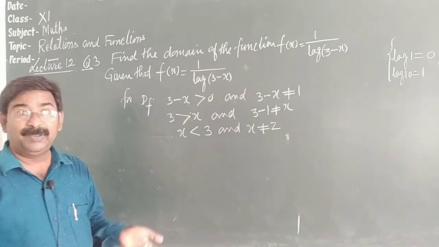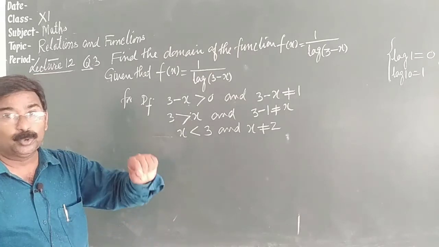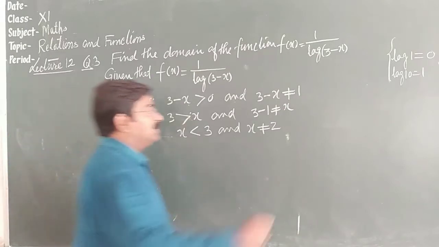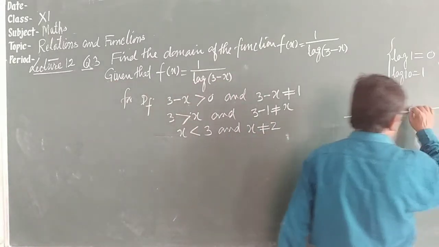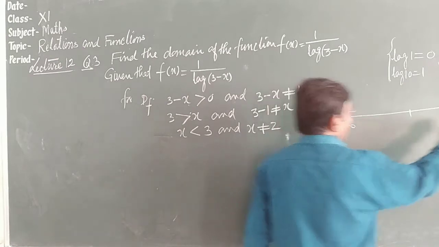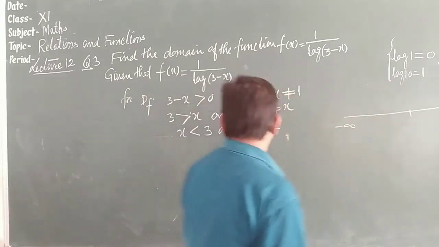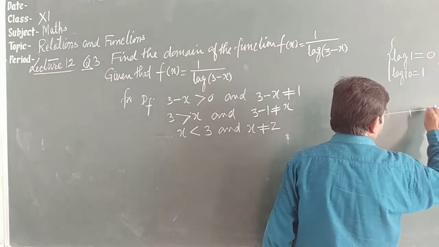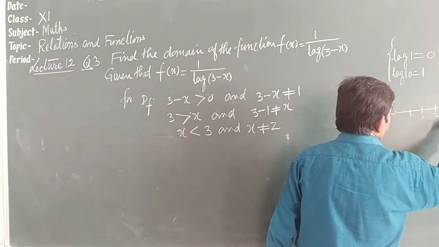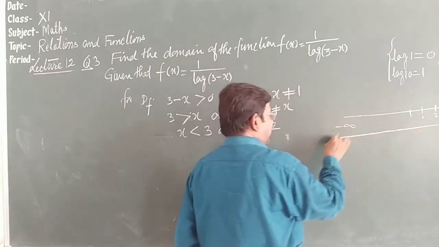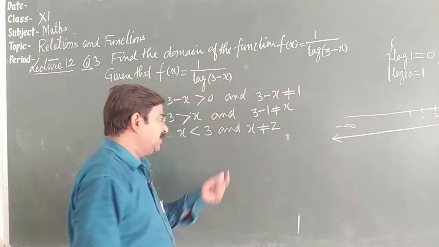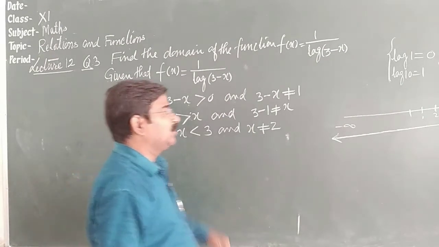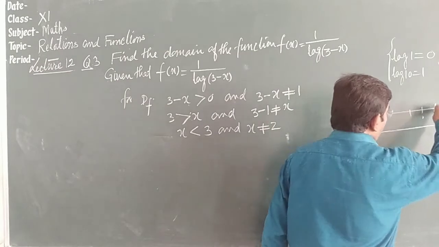Less than 3 means minus infinity to 2 and then 2 to 3. You can understand like this: this is the number line, this is minus infinity and this is plus infinity. x is less than 3, see here we have 1, 2, 3. x is less than 3, in this direction, and x is not equal to 2 means this 2 will not be included.